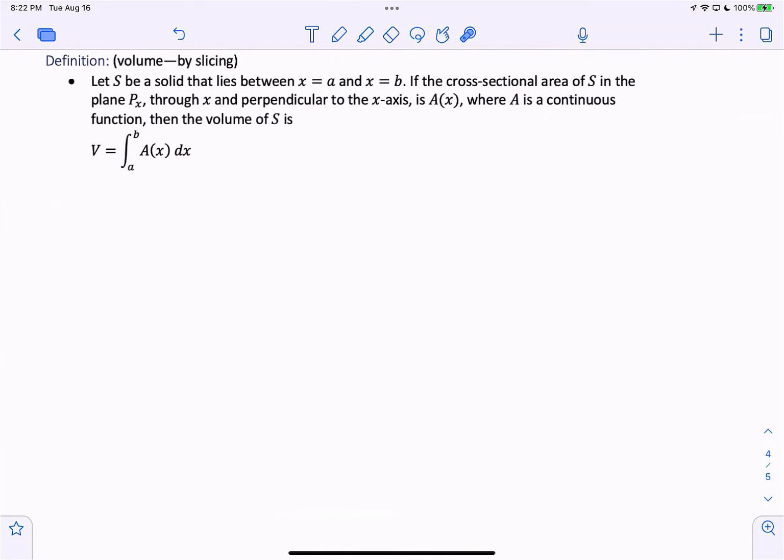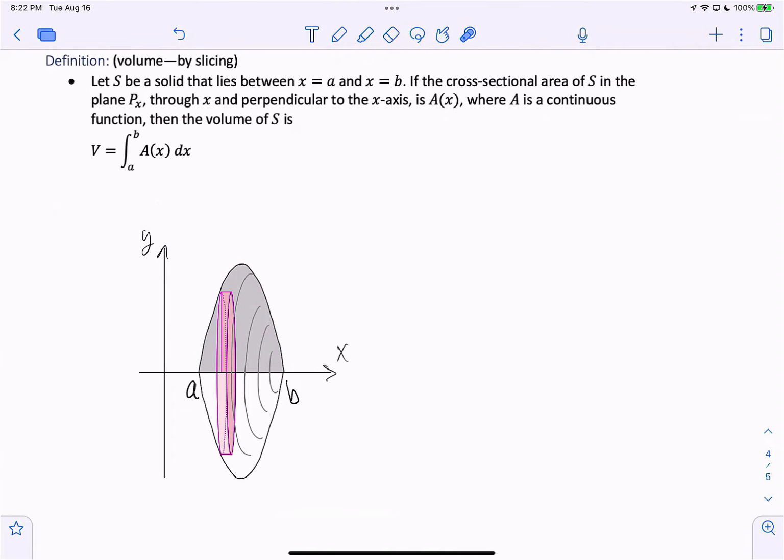Let's put this in the context of what we've been doing. Here we've got our solid, and it was obtained by rotating the graph of a function around the x-axis. But now what I want to focus on is the disk that we got. There's this idea of the cross-sectional area of S in the plane Px through x and perpendicular to the x-axis.